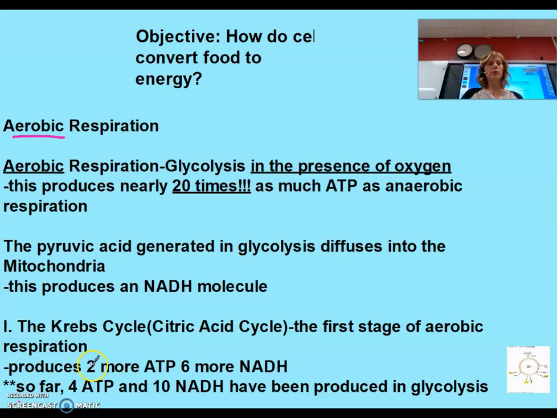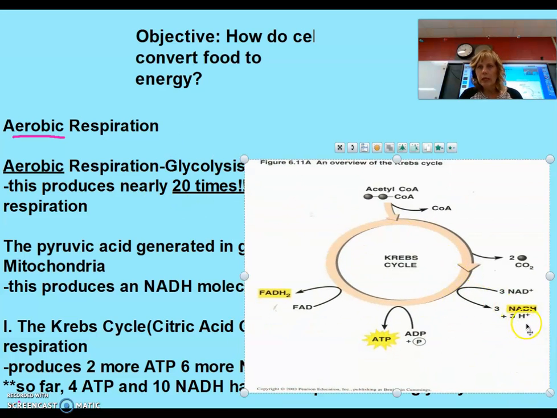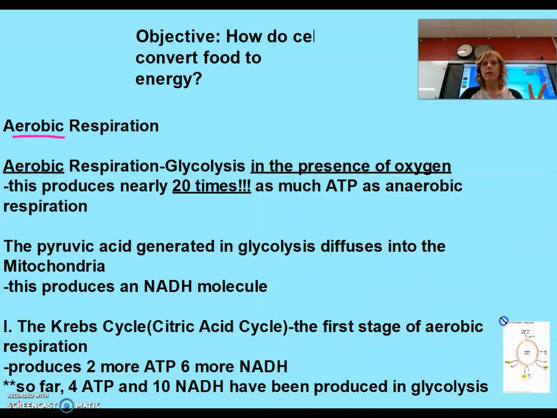So it produces 2 more ATP in the Krebs cycle, 6 more NADH, and then, let me enlarge this really quickly again, we get some hydrogen ions, which are also important. So we get 3 hydrogen ions for each pyruvic acid molecule, and remember there's 2, so we are going to get 6 more hydrogen ions in this process.